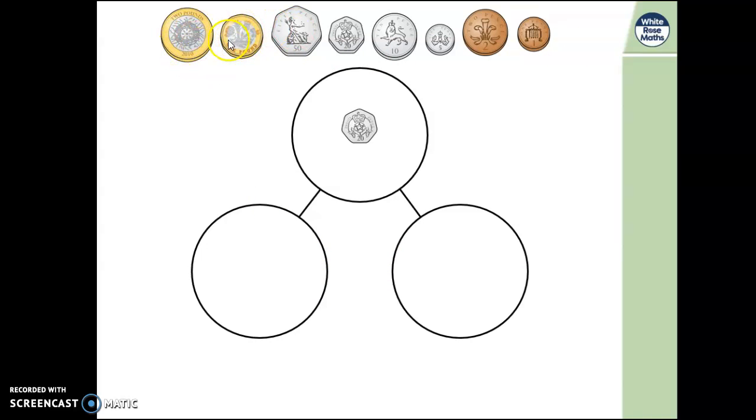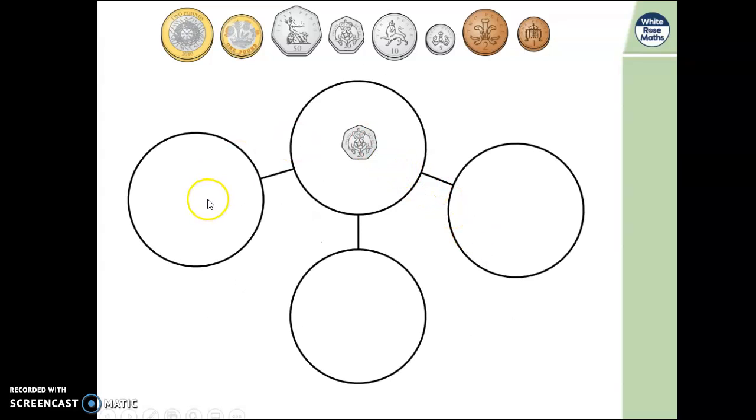Now we're not going to use the pound coins, because that's more than 20. 50, exactly the same. If we use 20, then if we put 20p down in this part, we're not going to have anything here. What about 10p? Well, if I make 10p and 10p, remember part plus part equals whole, 10 plus 10 equals 20.